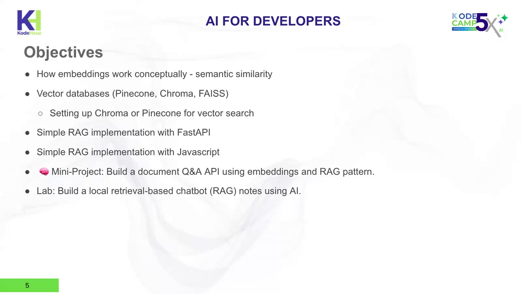So we'll look at how we can do that with Python, and we'll look at how we can do that with JavaScript. Then the kind of project we'll look at is a simple Q&A API, right? Using the embeddings and using the RAG pattern.